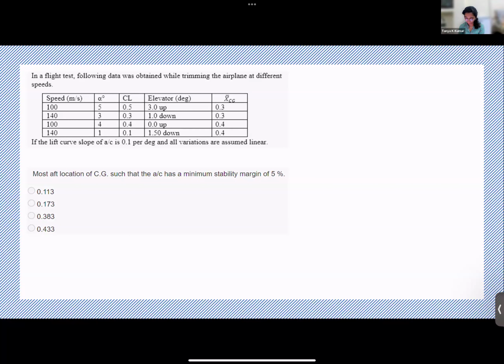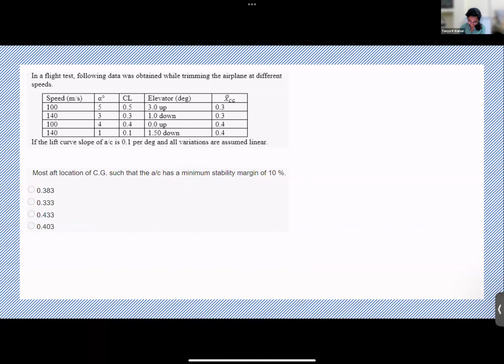So let's just do this quickly. Static margin is x bar NP minus x bar CG. Static margin is given to you as 0.05. X bar NP was 0.433 minus x bar CG. So that is your most aft center of gravity location, 0.383.